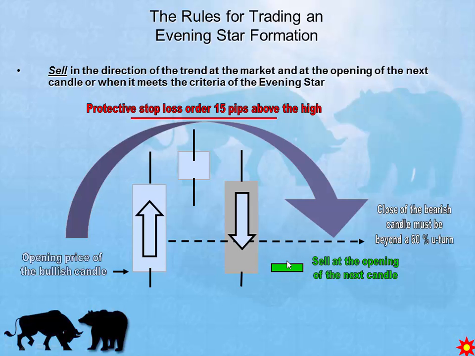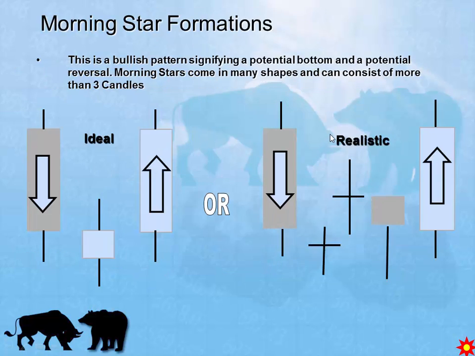Obviously, you need to combine several confirmations. You're not going to sell just because of a candle pattern. This is one confirmation; we're going to learn other confirmations, for example, trend line breaks and channel breaks. You always want to place your stop about 15 pips above that high.